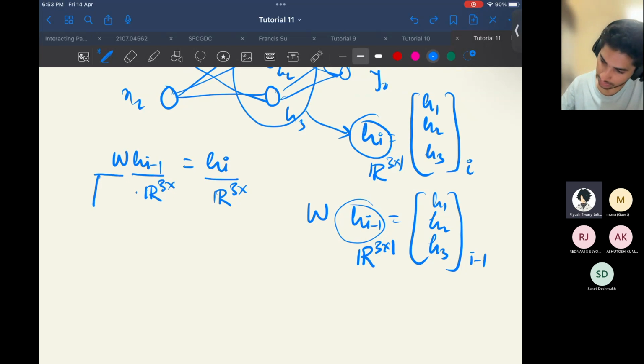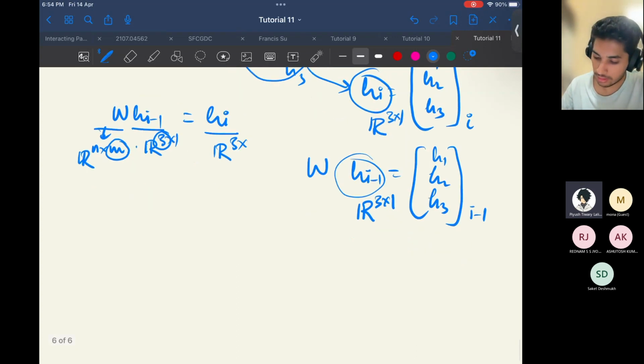This is the question. Let's say it is n cross m. The first thing is that if I want this matrix-vector multiplication to happen, this 3 and this m should be equal, right?